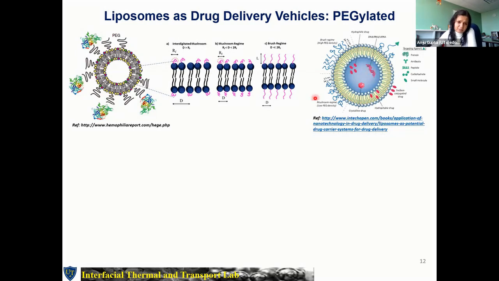So this is an example where the schematic shows that the low-density PEG polymers form mushroom-like structures on top of liposomes, and the high-density PEG polymers form brush-like structures on the surface.